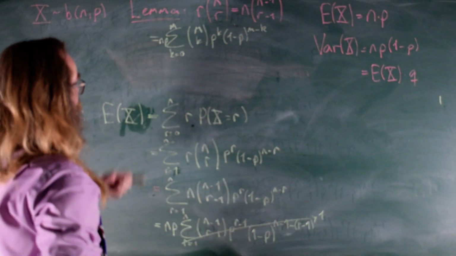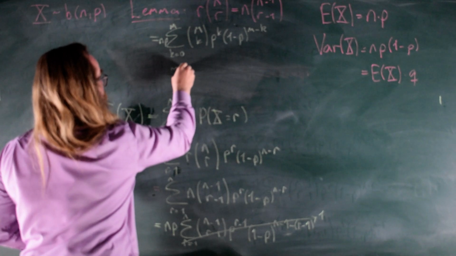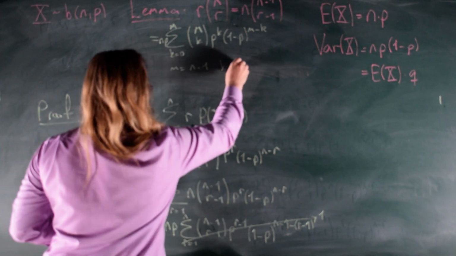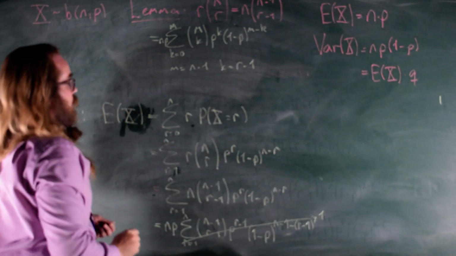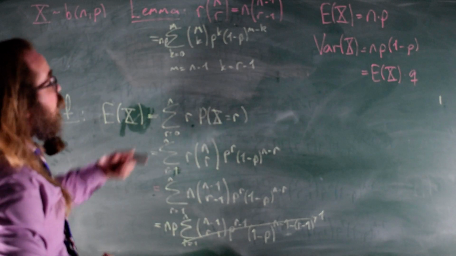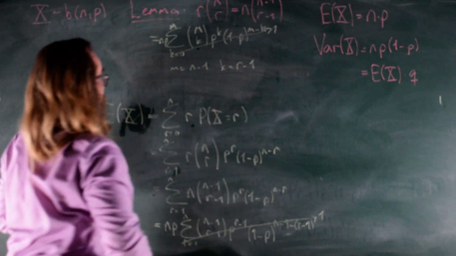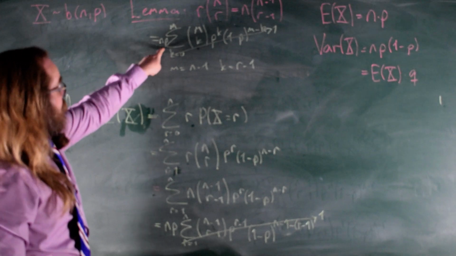All right, where m and k are just the same variables subtracted by 1. All right, and hopefully it's more obvious here that this is just 1, right? And then I get the result that I wanted.